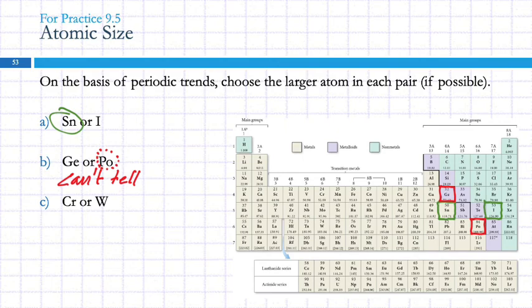Chromium or tungsten? Why is tungsten W? Because its actual name is wolfram. Wolfram. Where'd you go, W?